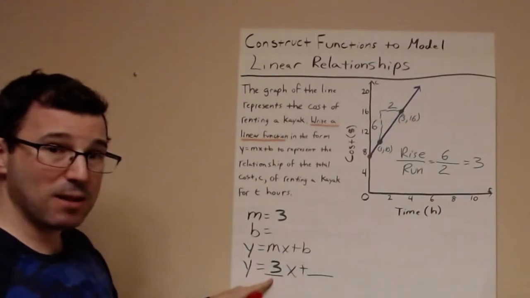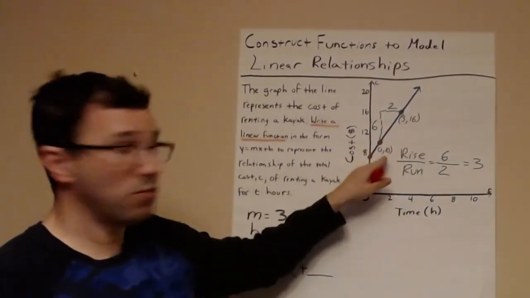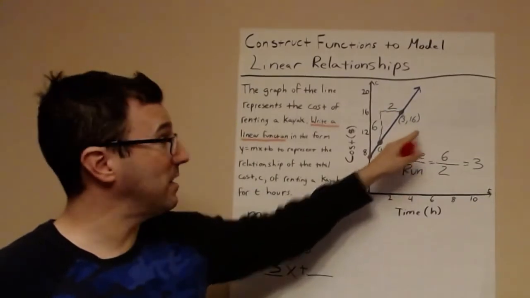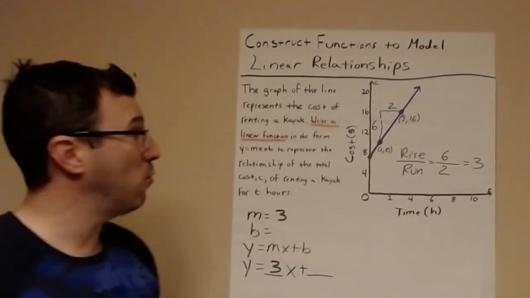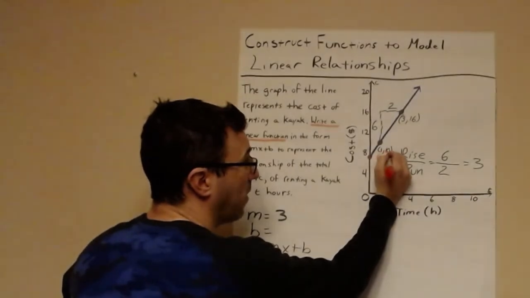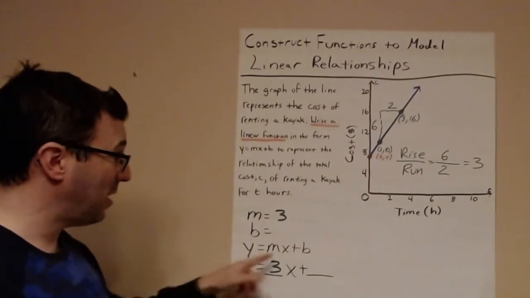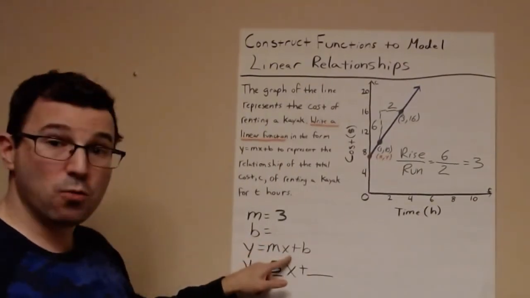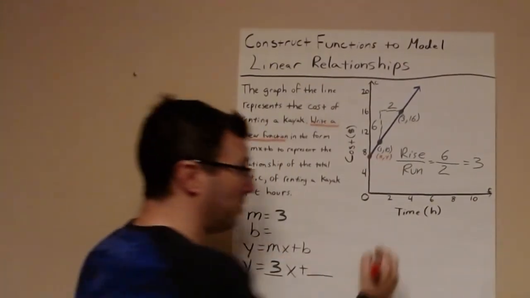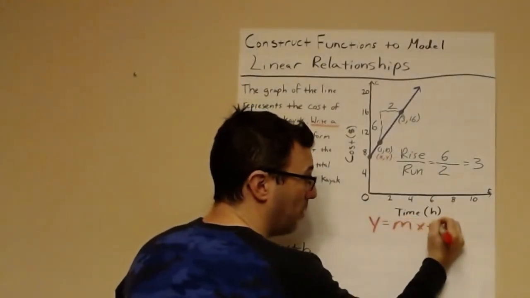I've got the 3, and believe it or not, I can use either of these points, (1, 10) or (3, 16), as my x and y. And I'm going to use the smaller one, (1, 10). And what I'm going to do is substitute that into y equals mx plus b. So I'm going to rewrite that over here. y equals mx plus b.